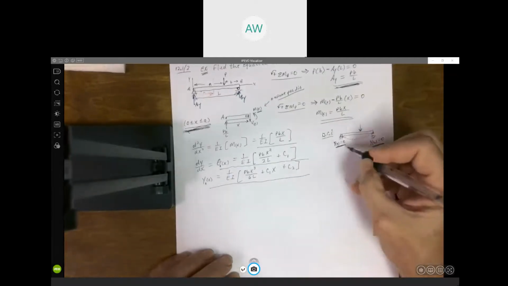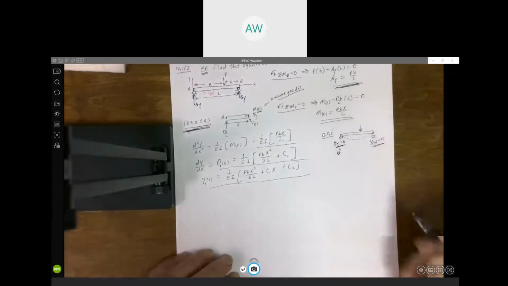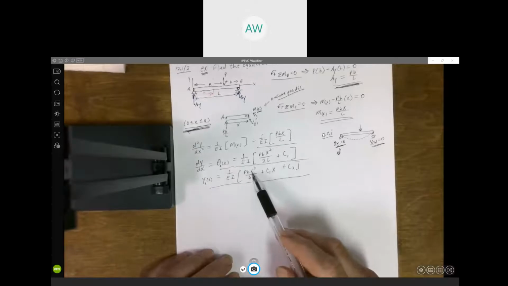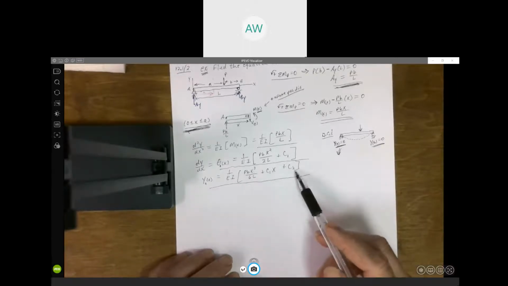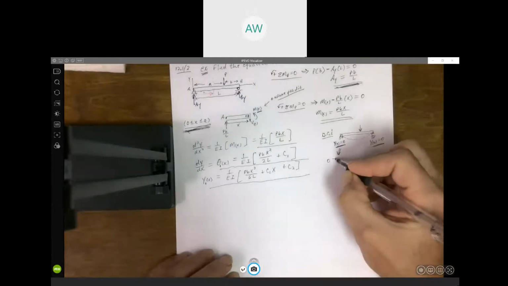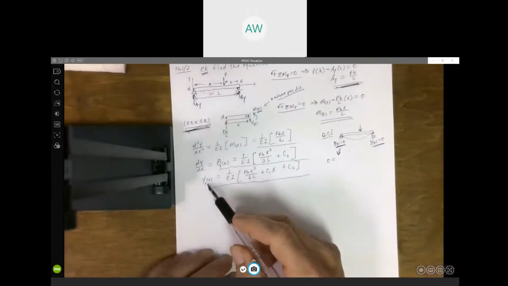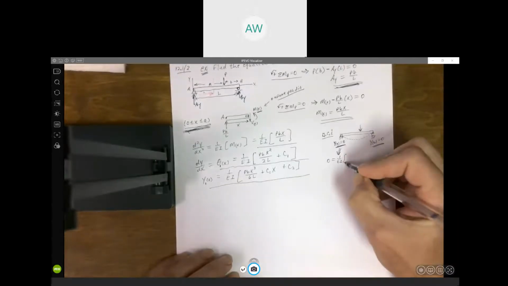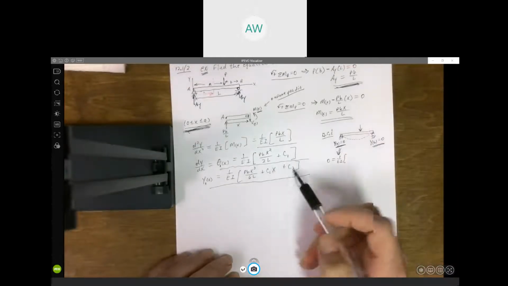So again, I'm going to take 0 and plug it in here for y, plug 0 in for x, and we should be able to solve for C2. Right? So I have 0, right? I'm plugging 0 in here for the y, and it's 1 over EI. And I'm plugging 0 in wherever there's an x.